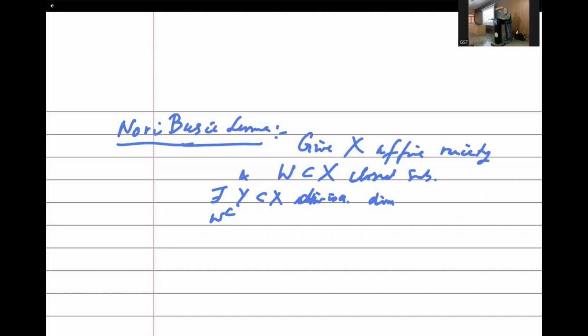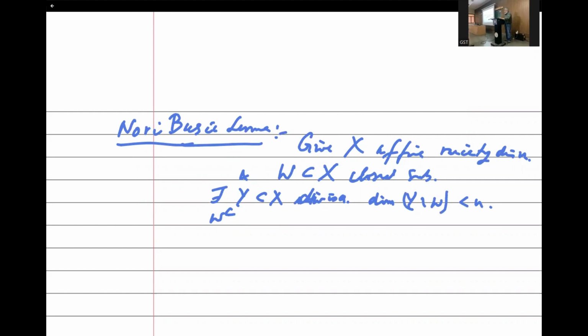Maybe I should have said X has dimension n, W is a closed subvariety, and the dimension of Y minus W is less than n. This just means that I'm not adding components of dimension n of X. In each irreducible component of X, I'm taking out something, a divisor, which is a proper subset. Taking out meaning Y is a proper subset.